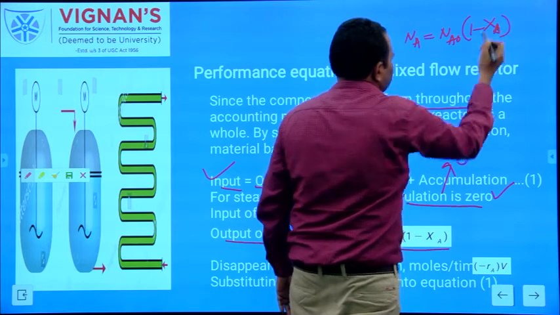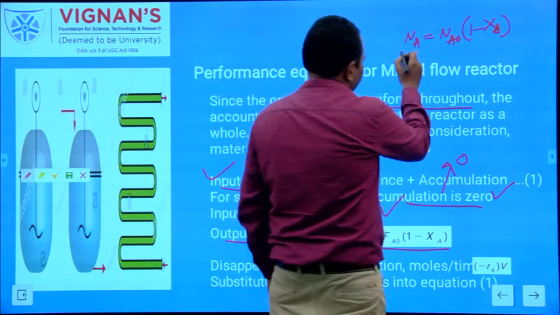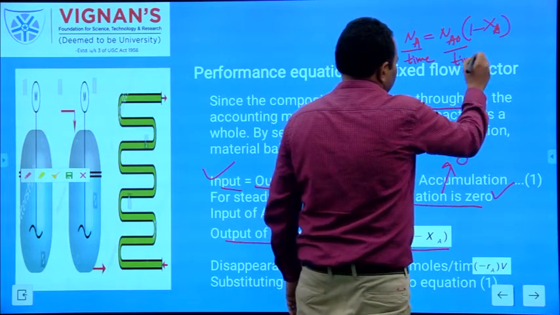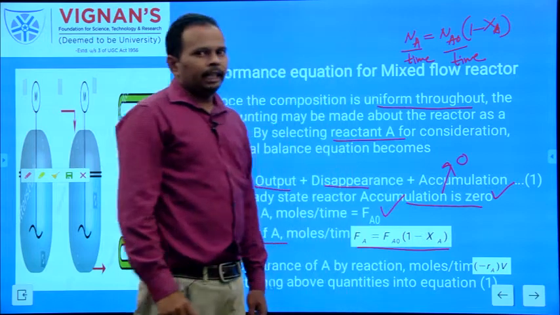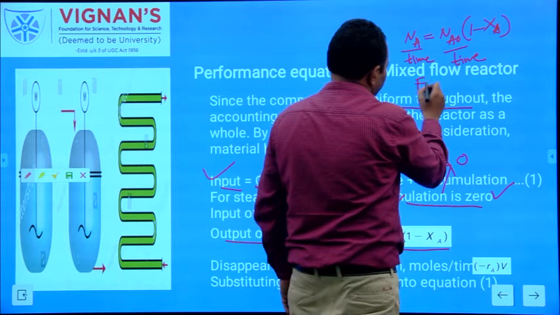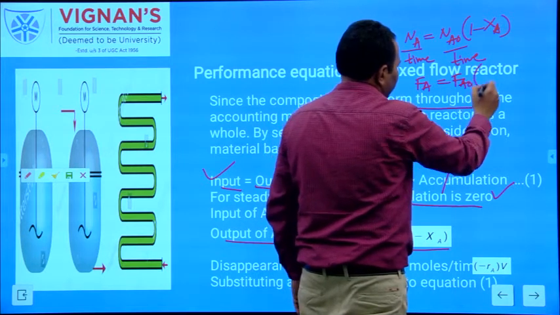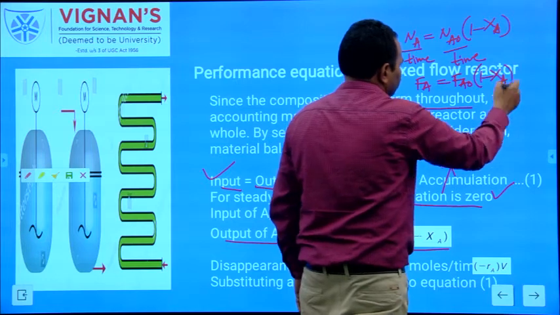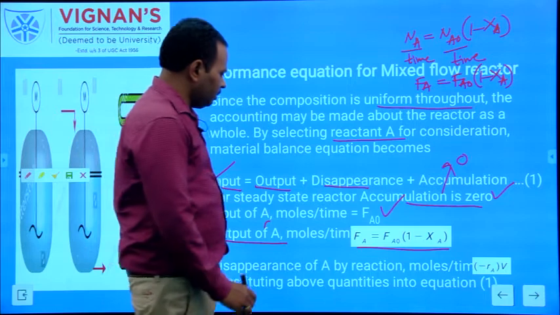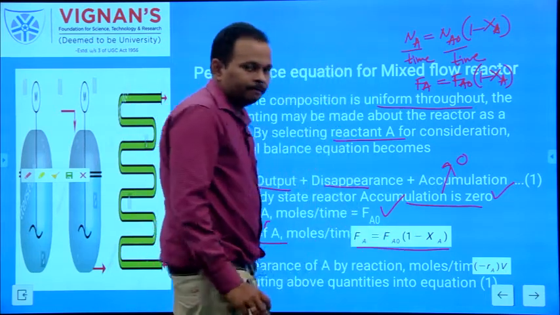On both sides we divide with the time. NA by time is FA, moles by time is the molar flow rate of A. So FA is equal to FA naught into 1 minus XA in the output condition.